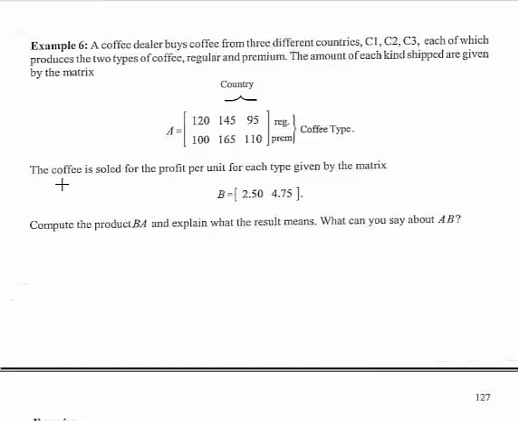Then it gives us the profit per unit. So coffee is sold for the profit per unit for each type given by the matrix B, 250 and 475. Compute the product BA. Well, that gives us 250, 475, and then we multiply it times the first matrix we were given.